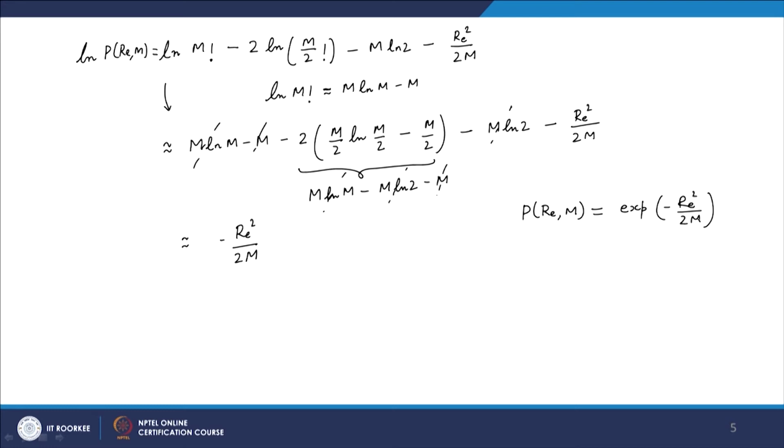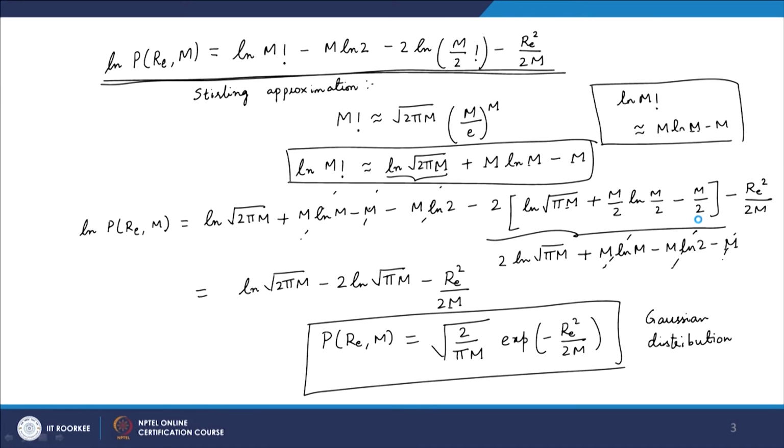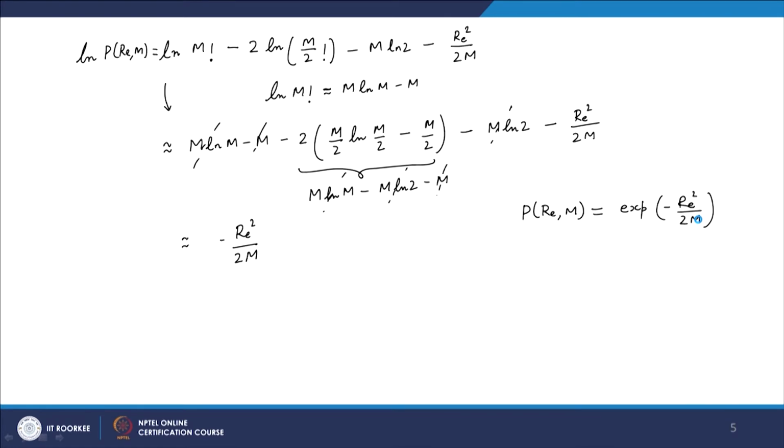So compare that to what we have derived earlier. Earlier we had a factor of under root 2 by pi m that is not appearing in this equation because we ignored a term in the Stirling approximation. Nevertheless, when I apply the normalization, I will get the same factor appearing in the equation.